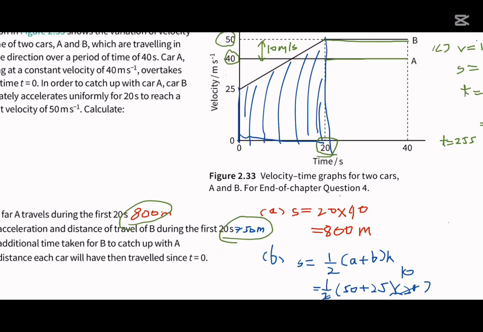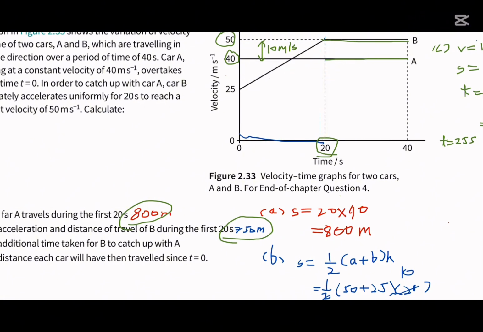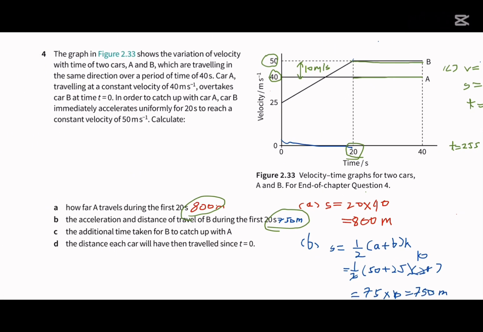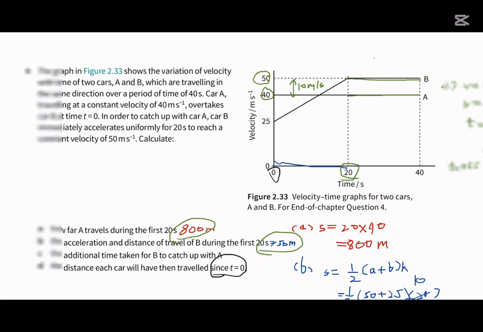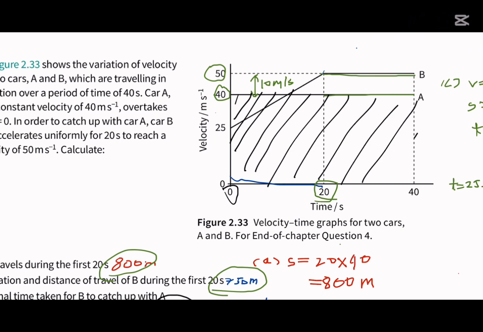Okay, so here car A. That's too much annotation right here. Okay, I'll delete these. Alright. So distance each car will travel since t equals 0. t equals 0 is here. So I need to find the distance that both cars will travel.